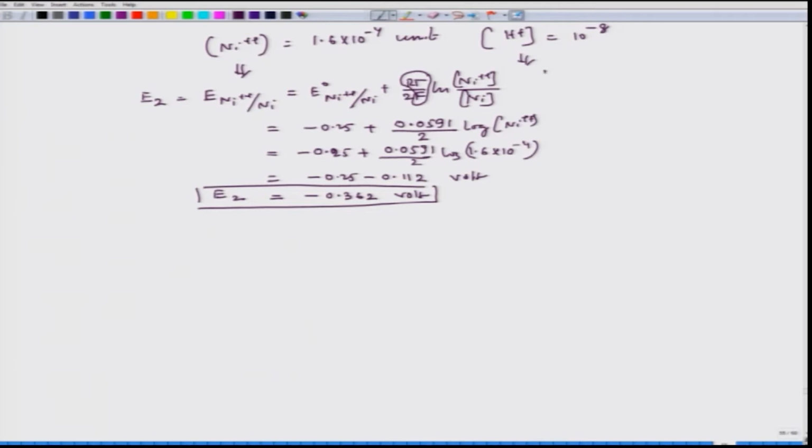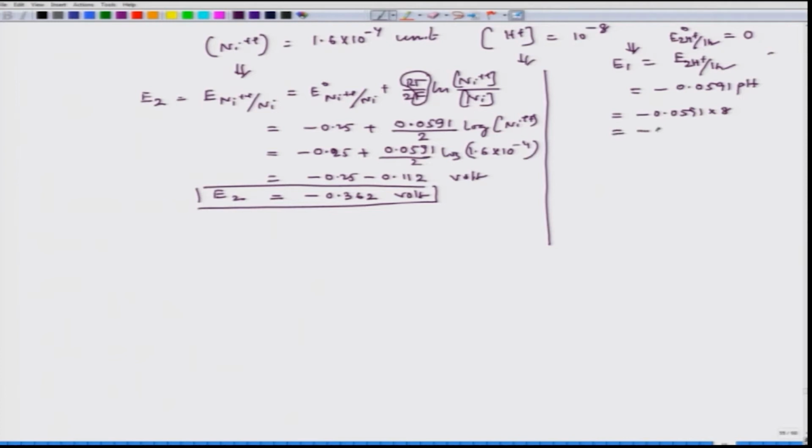Now, we can calculate E1, which is this side, equal to minus 0.0591 pH. We have done this particular calculation before, because E0 for H plus/H2 is equal to 0. So, E1 becomes minus 0.0591 into 8, which is minus 0.473 volt.